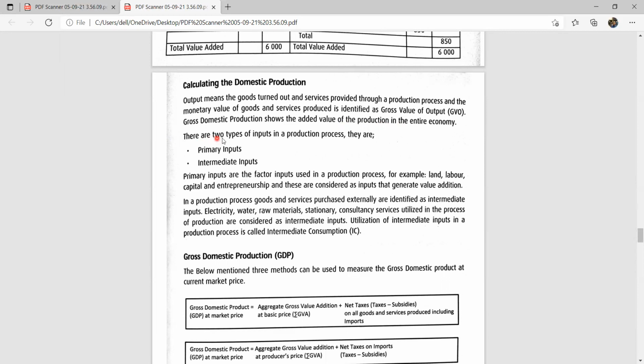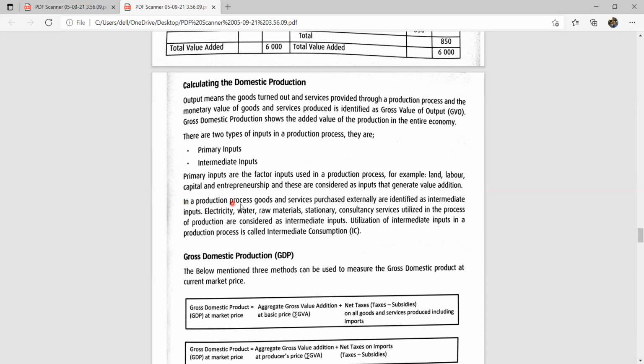There are two types of inputs in the production process. They are primary inputs and intermediate inputs. Here the primary inputs are factor inputs used in the production process. For example, land, labor, capital, entrepreneurship, and these are considered as inputs that generate value addition.